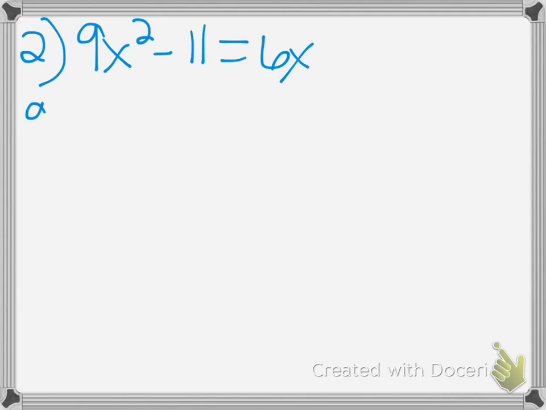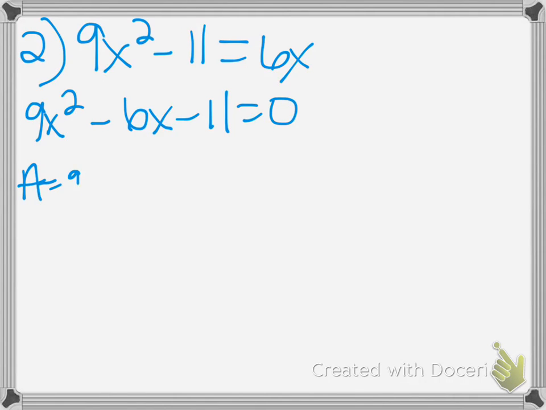Okay, I've got one more problem just to try out, just to kind of be comfortable with this. So I get 9x squared minus 11 equals 6x. And so I am going to make sure that it is set equal to 0. So then A is 9, B is -6, C is -11.